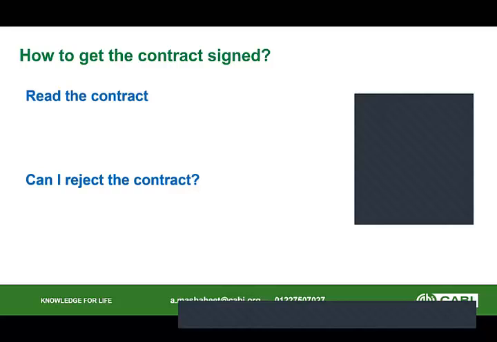Maybe find a middle ground between what you can do and what the funding agency is requiring you to do, a win-win situation in which you still can sign the contract, but you are not asked by that contract for something that you cannot fulfill, or cannot commit to, or cannot comply with.